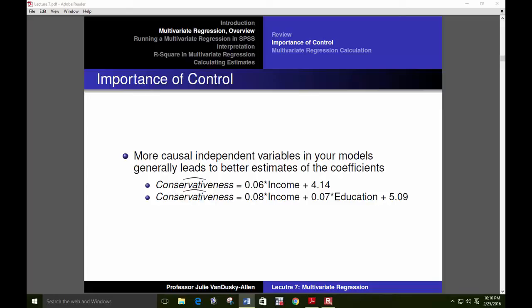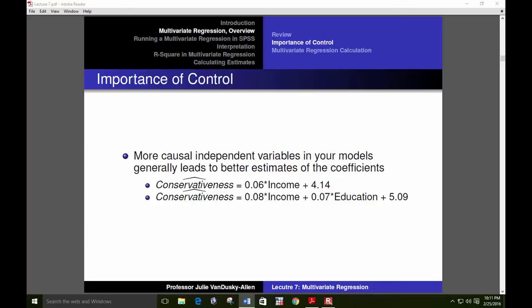For example, let's say we are interested in figuring out what factors led some voters to be more conservative than others. We think that income has a strong impact on conservativeness of voters. So let's say we ran a bivariate regression with conservativeness as the dependent variable and income as the independent variable. The b hat for income turned out to be 0.06.